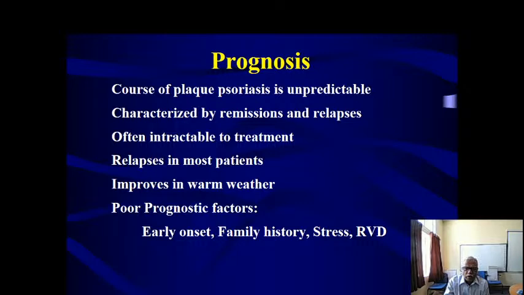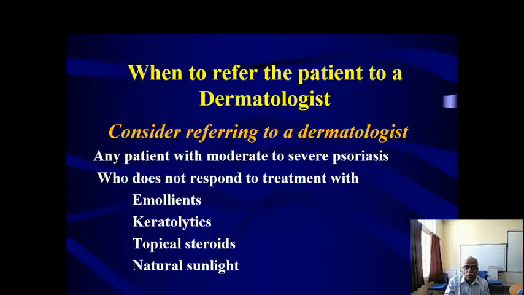They don't respond, and immunomodulators you cannot give. So acitretin is a good choice for retroviral infection. When should you refer? When there is a failure of the routine treatment like emollients, keratolytics, topical steroids, or natural sunlight, you refer to the dermatologist.